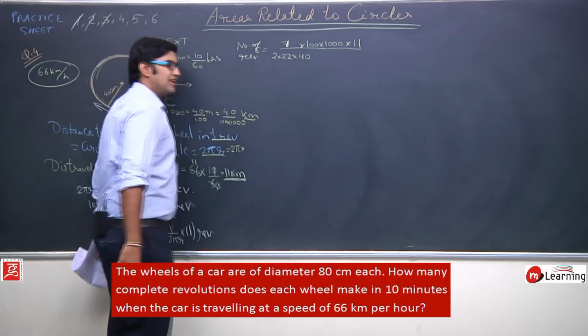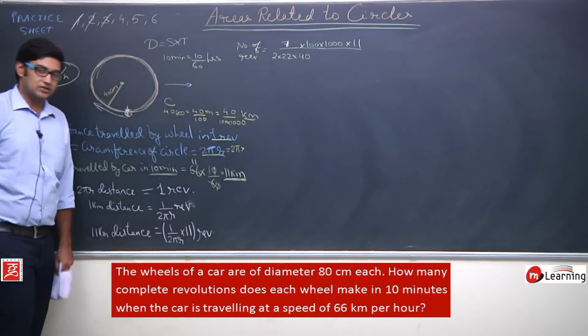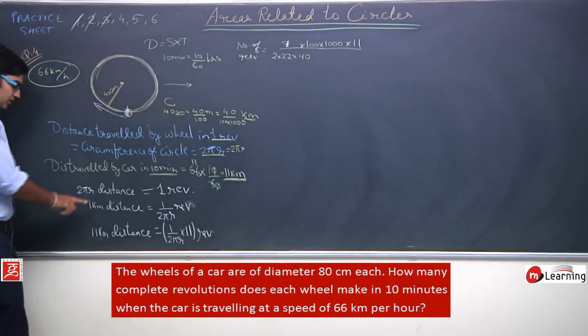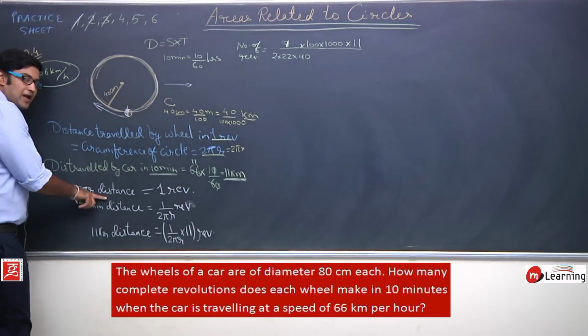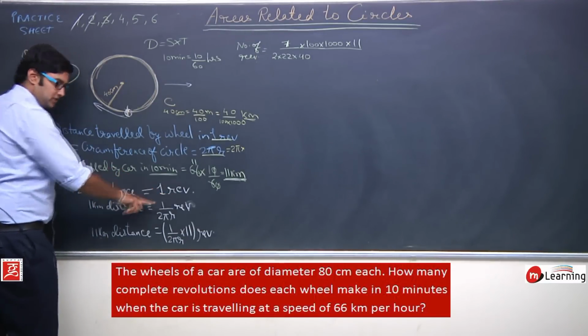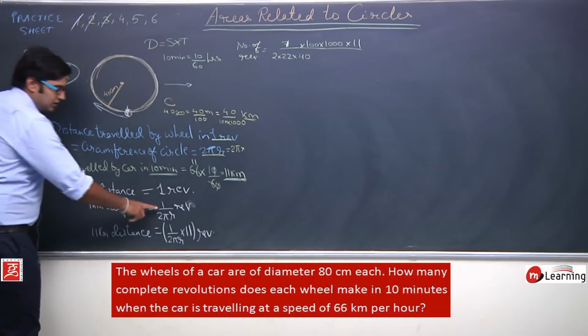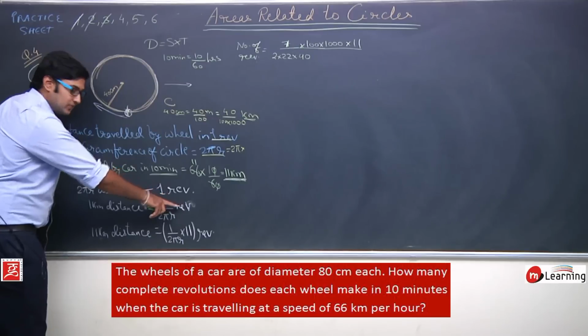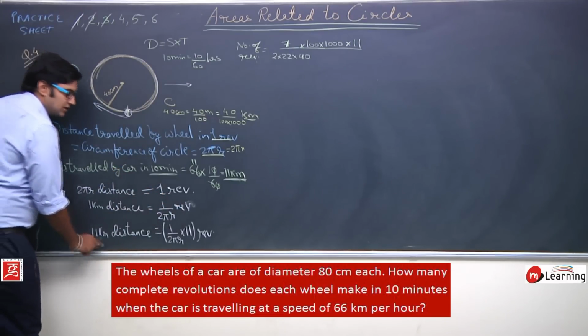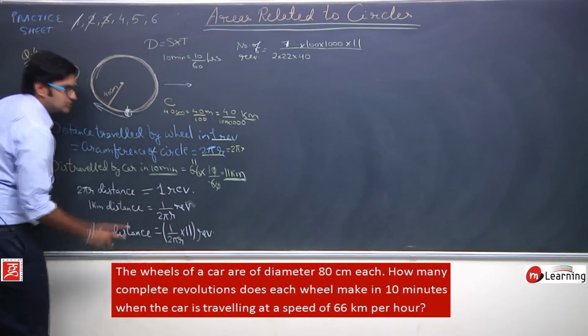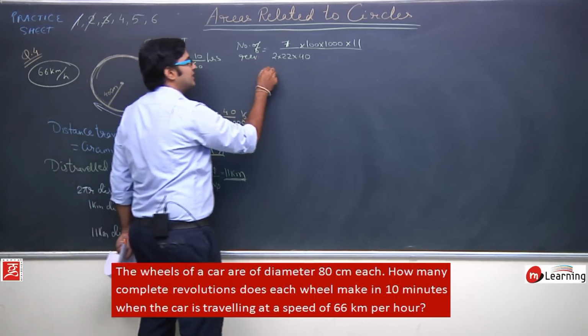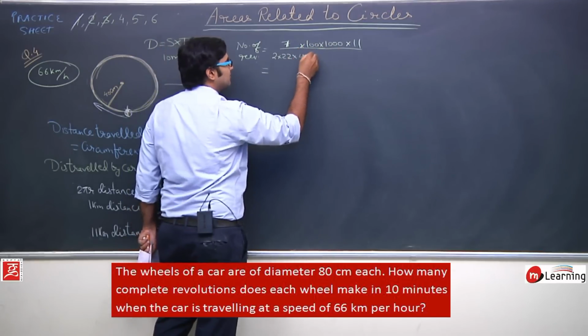Why 11? 11 represents this many kilometers. So try to understand this. The wheel needs to travel 2 pi r distance to complete one revolution. If it travels for 1 kilometer, it will complete this many revolutions. If it travels for 11 kilometers, it will complete this many revolutions. So the number of revolutions we can calculate from this very easily.